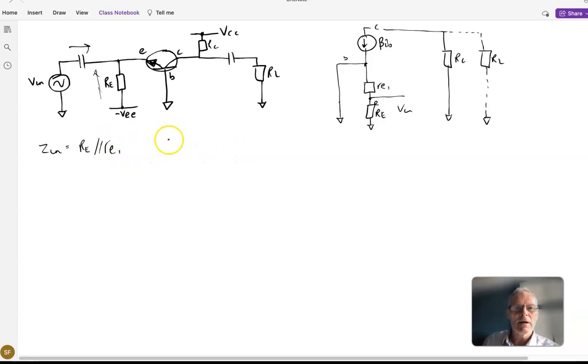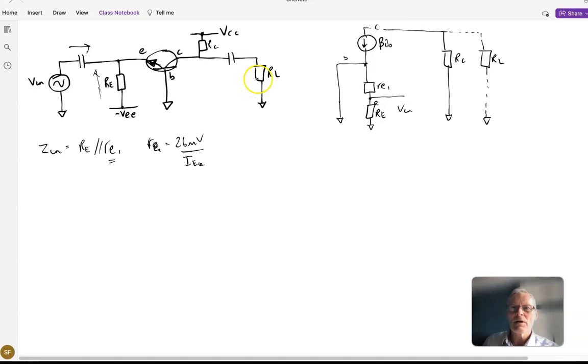Now we know that little RE, RE1, is 26 millivolts divided by the quiescent IEQ. So we can say that that's going to be generally much smaller than our big RE. So this is why it's possible to have Z in to be very low impedance relative to this RE1 resistor.